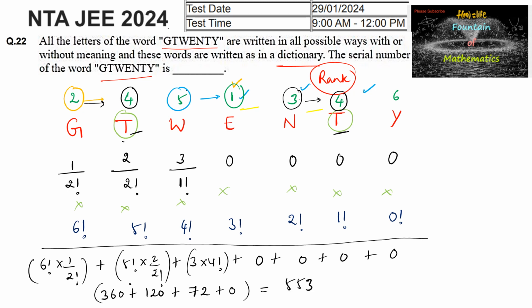And here we can say that before G20 there are 553 words. 553 words before G20. Then the rank of G20 will be 553 plus 1, that is 554. So 554 is the answer.